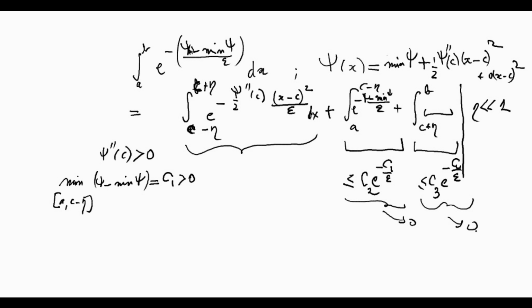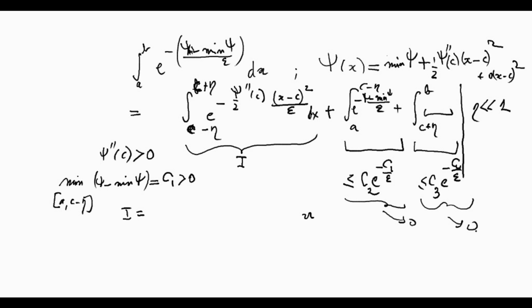Okay, so now what we need is to estimate this quantity, the first one. Let's call it 1. And 1 can be rewritten using a change of coordinate, which we will call u.